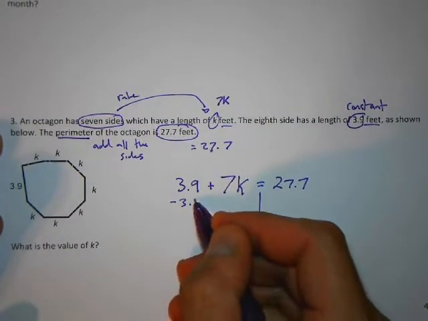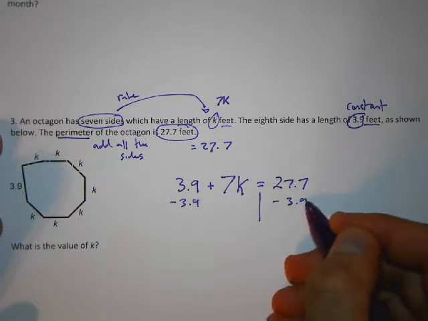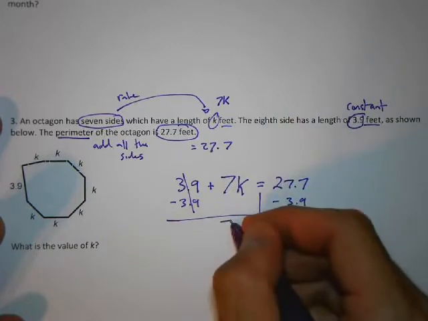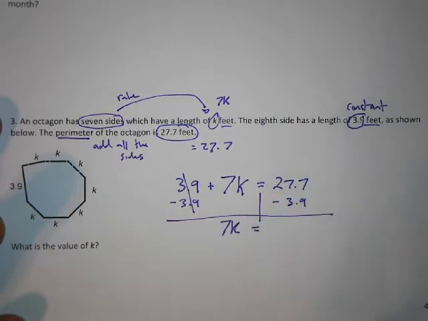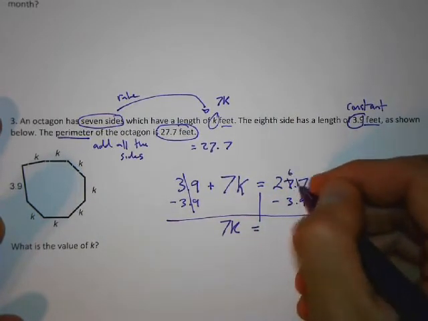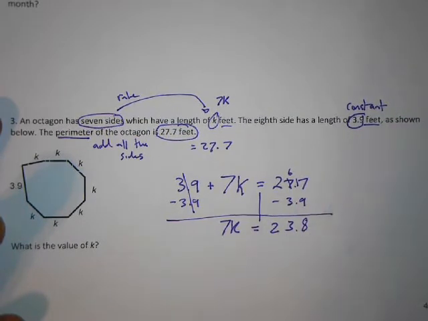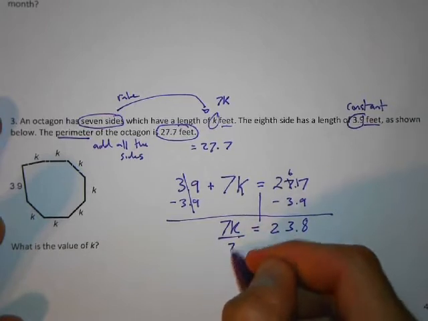Let's subtract 3.9 from both sides. We deal with the constant first. This means that 7k is left on this side. Over here, we've got to do some regrouping. Divide both sides by 7.